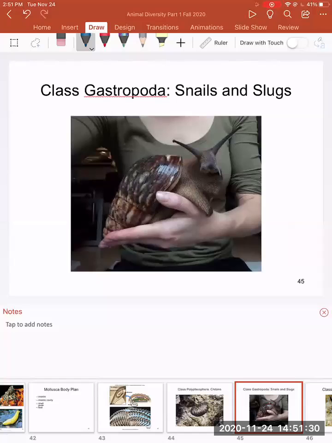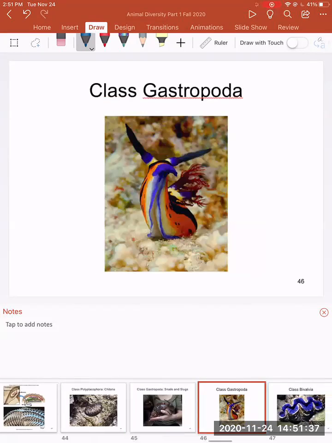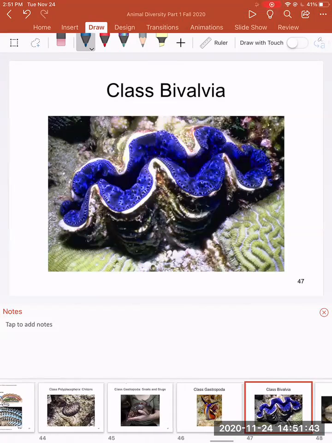I love this. Look at this giant snail. Is that crazy? People keep these as pets. Really beautiful mollusk. Really beautiful giant clam. These, of course, are a really important source of food, not just for animals in the ocean, but we eat them.